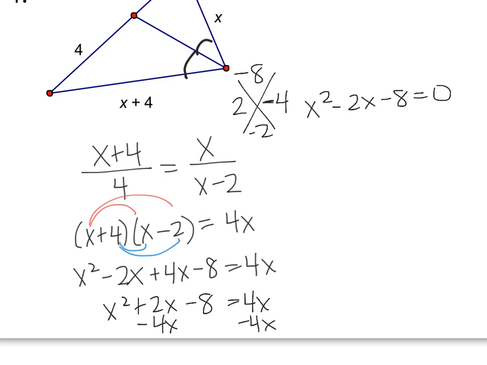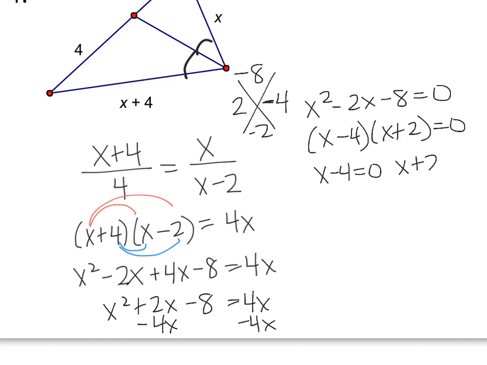And the 4 has got to be negative, so we get the negative 2 that we have in that middle spot. So it's going to be x minus 4 times x plus 2 equals 0. And we're going to set them each equal to 0, so we can get our two answers. x equals 4 and x equals negative 2, but the negative 2 will not work because it can't be a negative side, so we just want x equals 4.